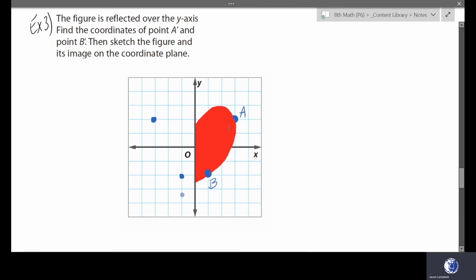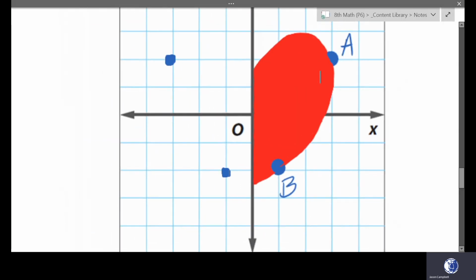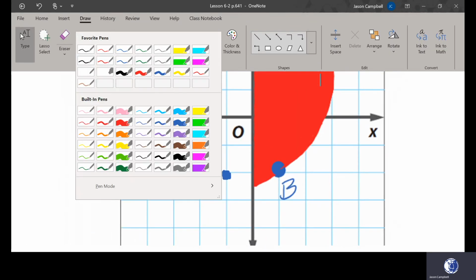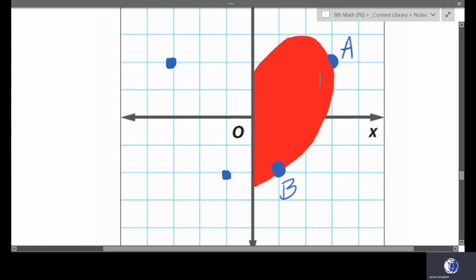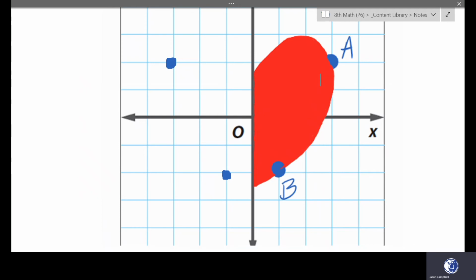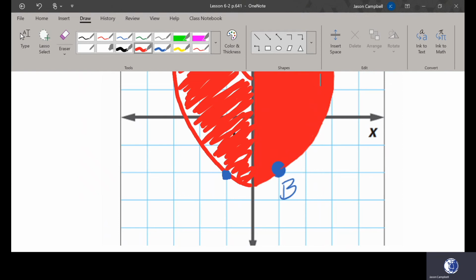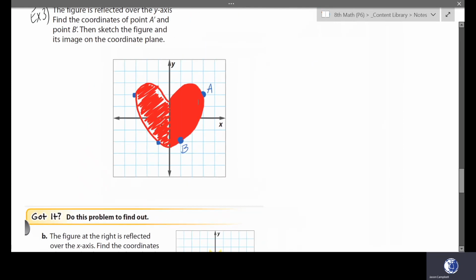And then it wants us to finish drawing the image. So let's try. It looks like it goes up here, it goes right around there, and then goes down to about there. So there's my sketch of the image.